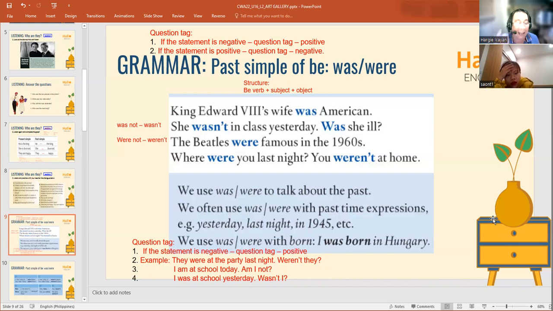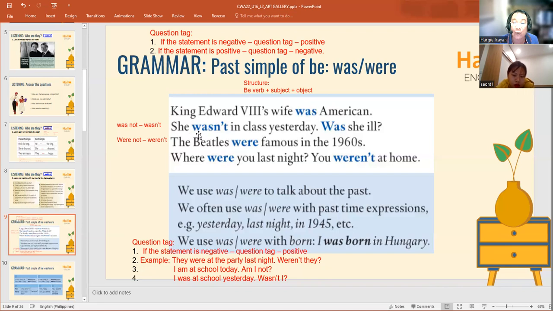Why? Because to keep the conversation going. So to keep the conversation going, we need to use a question tag. Question tag is very important in communication. That's why I am injecting this one since we are in this particular lesson. So it's important also for you to understand this.